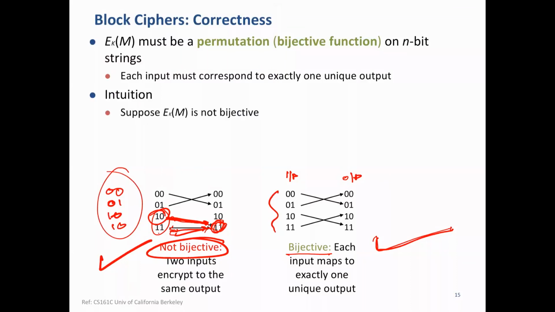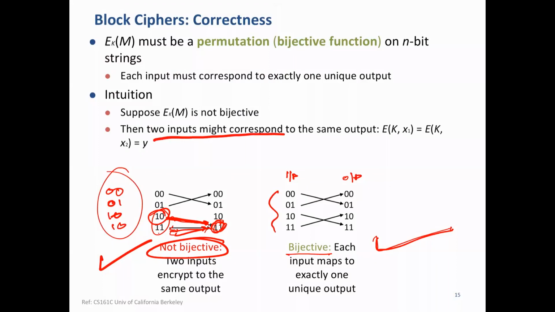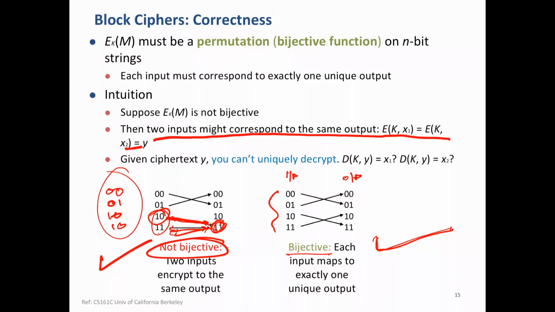The intuition is that if it is non-bijective, then two inputs might correspond to the same output, and so the reverse will also not be unique. So given a ciphertext y, you can't uniquely decrypt this y, because you don't know whether it's going to be x1 or x2.